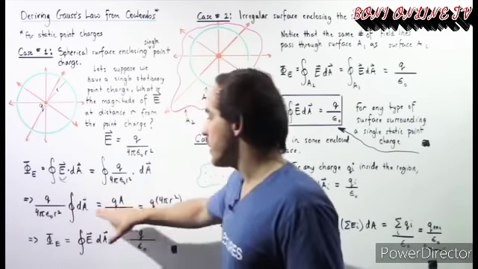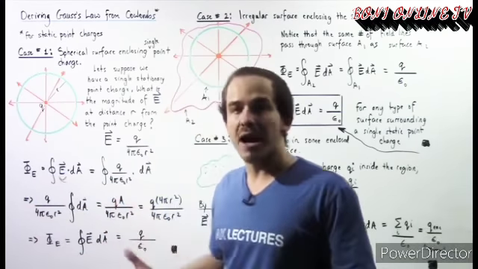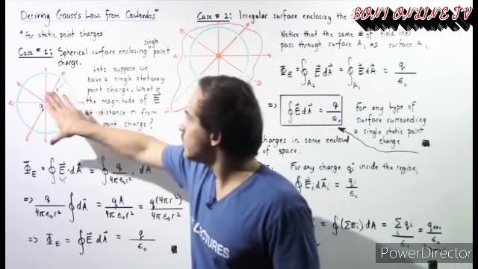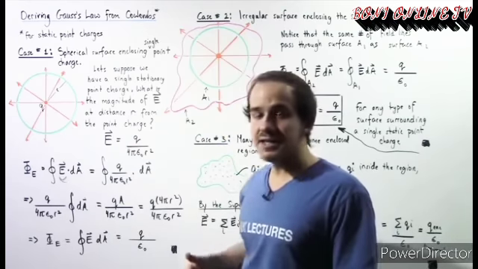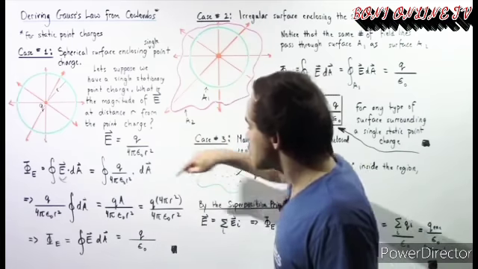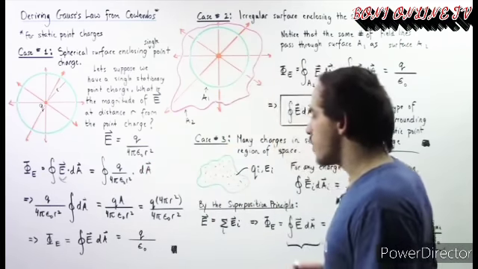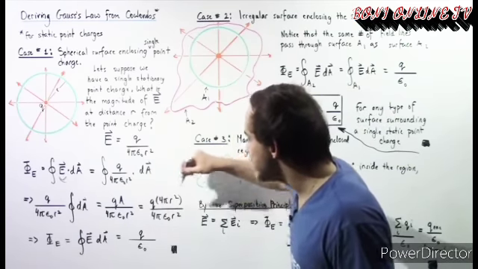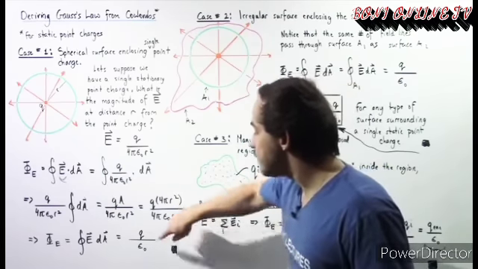Now, if we evaluate this integral, we get this ratio multiplied by the surface area given by A. And because we're dealing with a spherical surface, that means the surface area is simply 4 pi multiplied by r squared. So we replace our A with 4 pi multiplied by r squared. So notice the 4's will cancel, the pi's will cancel, and the r squared will cancel. And all we're left with is the following.